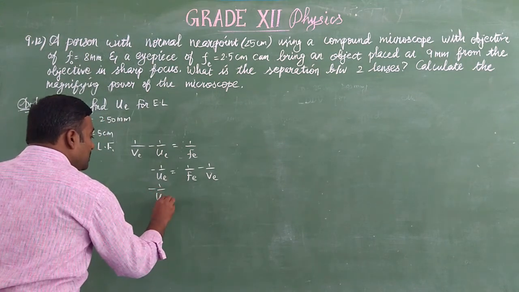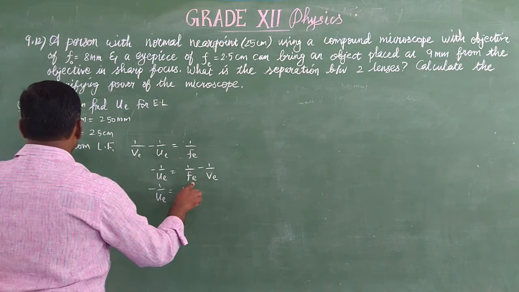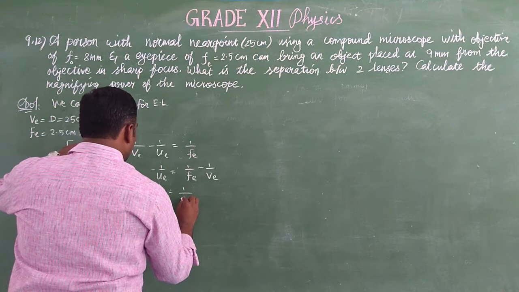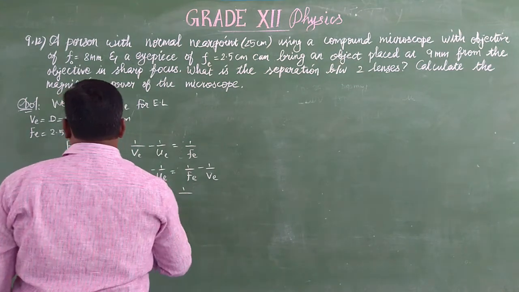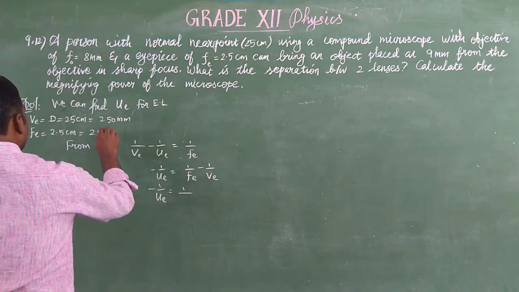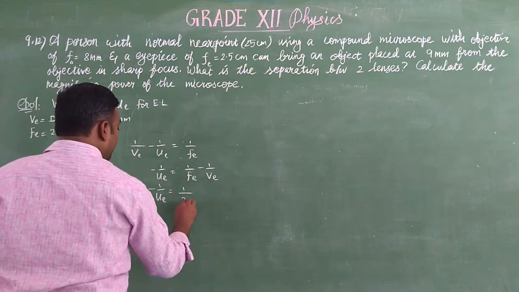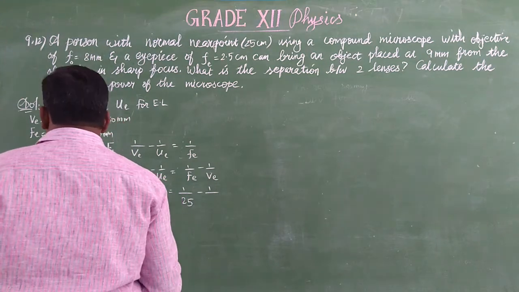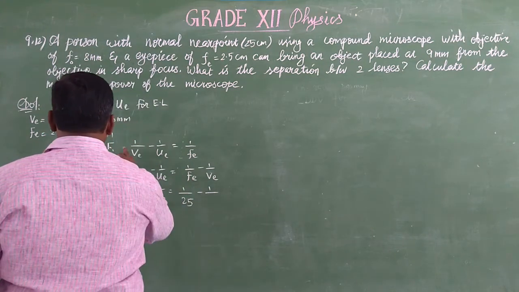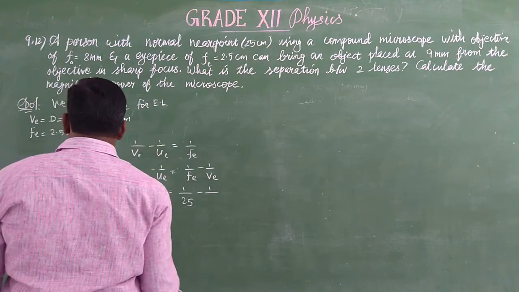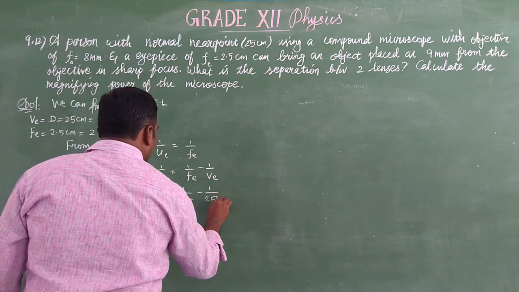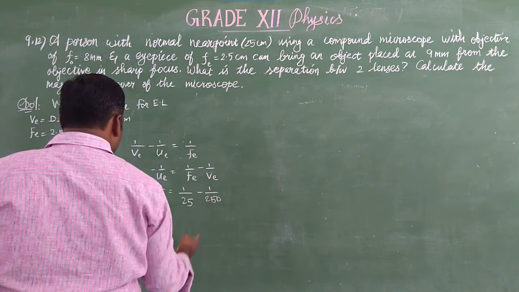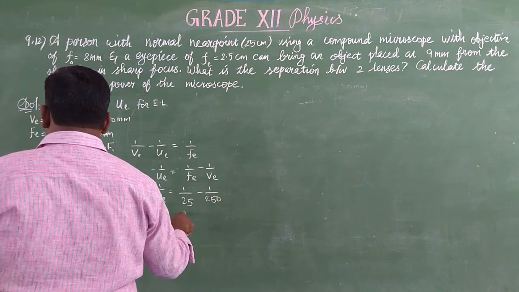Minus 1 by UE is equal to, what is the focal length of the eye lens? That is 2.5 centimeter or 25 millimeter. So 25 minus 1 by VE. What is VE? It is equal to 250 millimeter. So we need a sign for both the values.